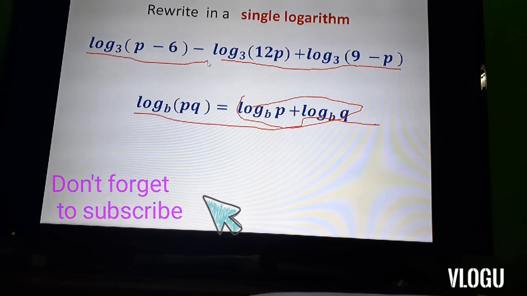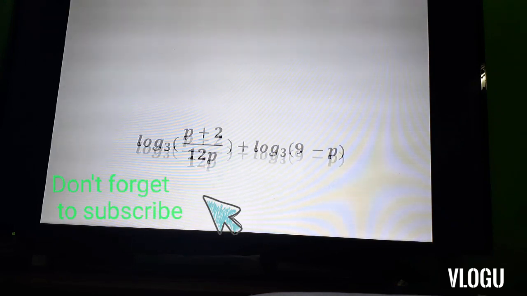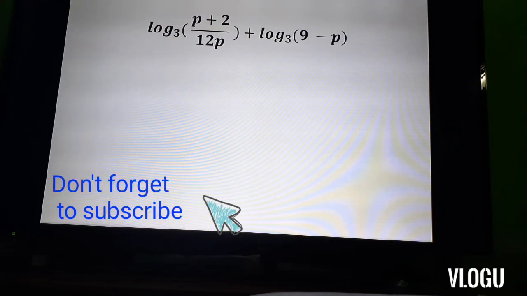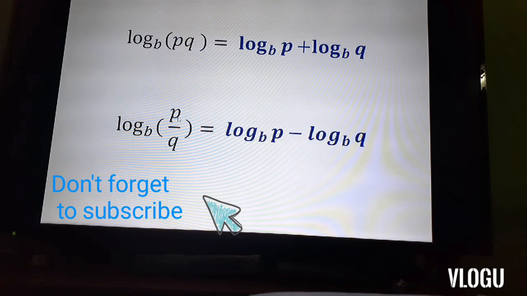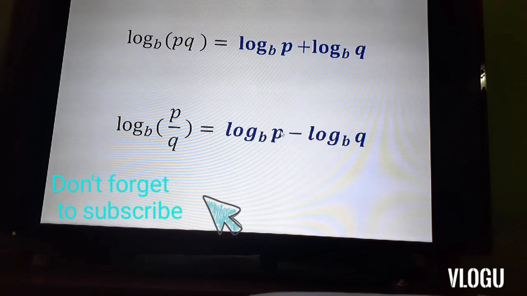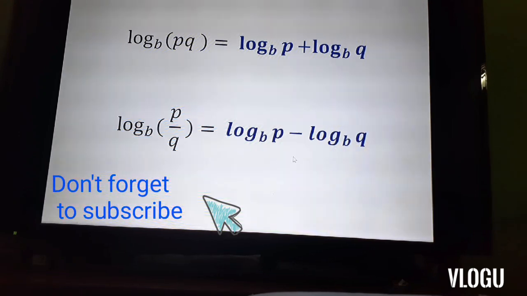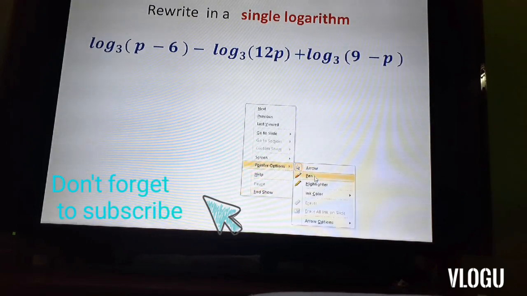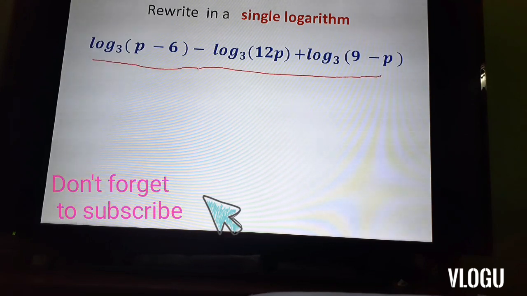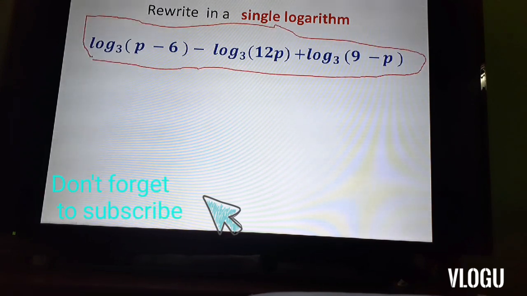So, meron tayong second property. Ang second property natin ay, our second property is the quotient of the logarithms of P and Q to the base B is equals to the difference of the logarithms of P to the base B and log Q to the base B. Ang ibig po sabihin nun, yung ating problem ay pwede po natin ma-rewrite itong problem na to by using the two logarithms, yung product of a logarithms and the quotient of a logarithm.